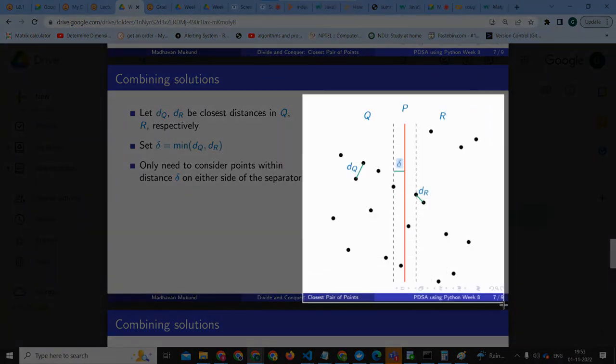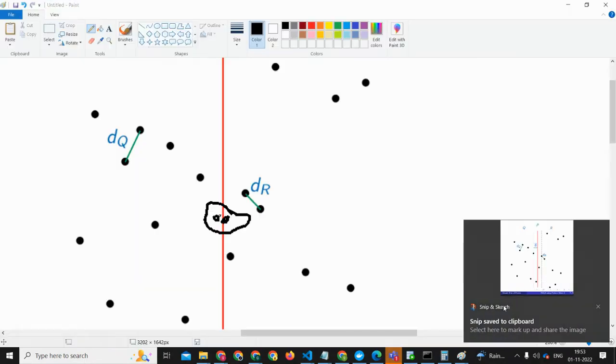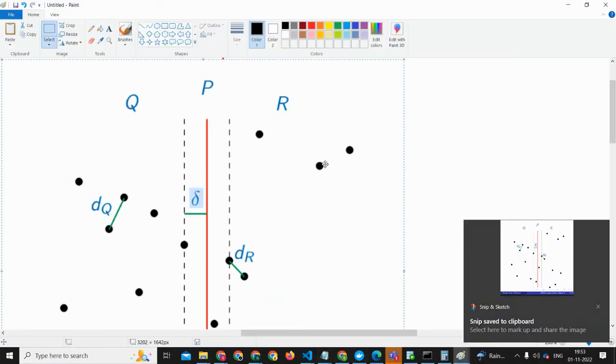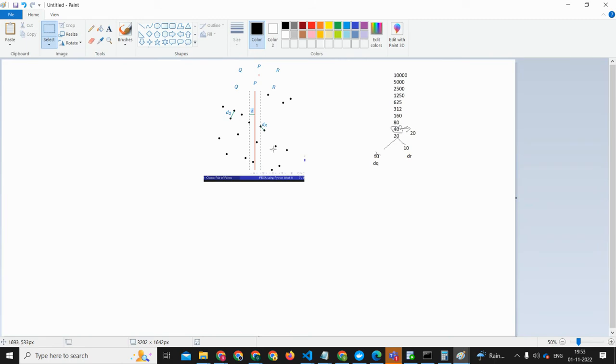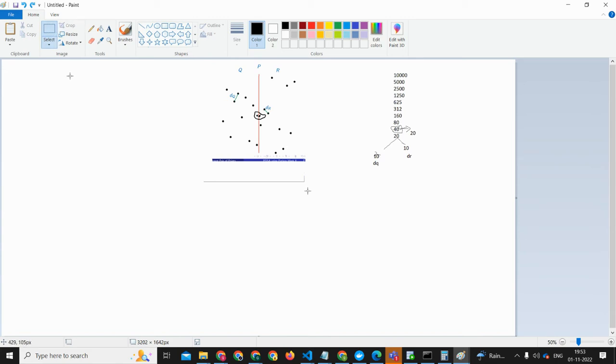You can also have this picture in mind. We are doing this to get the points below this DR, right? That is the aim, and that is why we are going for delta.